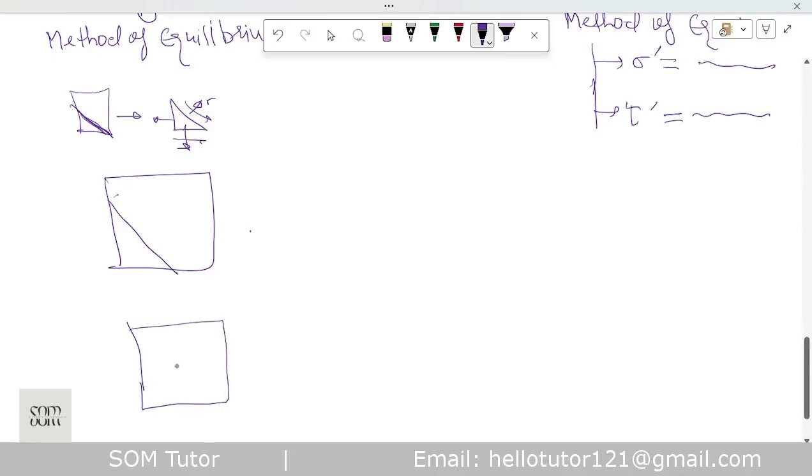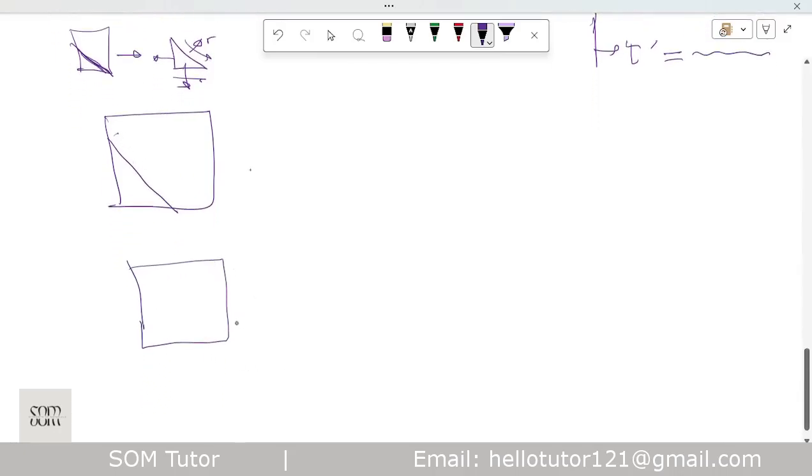First it was like this. Now it was like this. So this condition is the same, right?